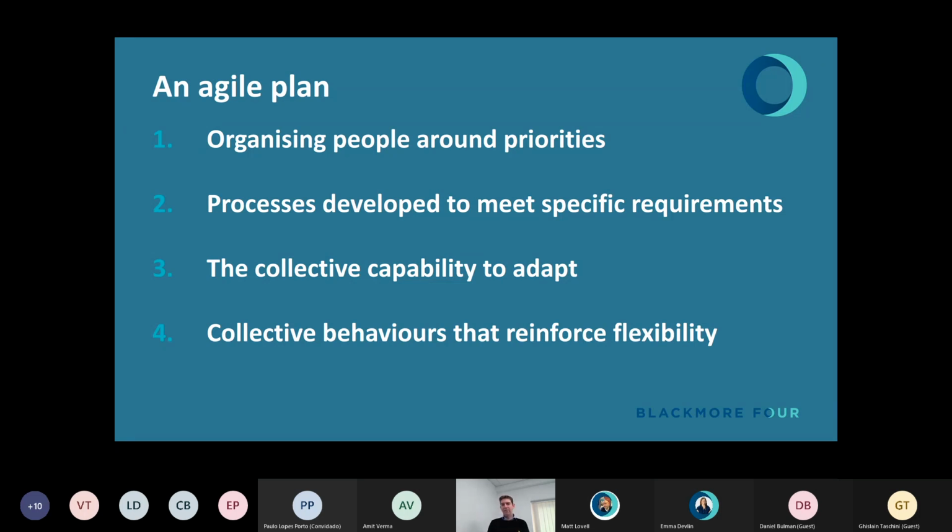I think collective behaviours that reinforce flexibility, how you recognise achievements, how you reward achievements, is important for people's reassurance and, as I put here, reinforcement that being flexible, being adaptable, embracing change and being comfortable with the fact that something new is coming along more quickly than it ever has is important.